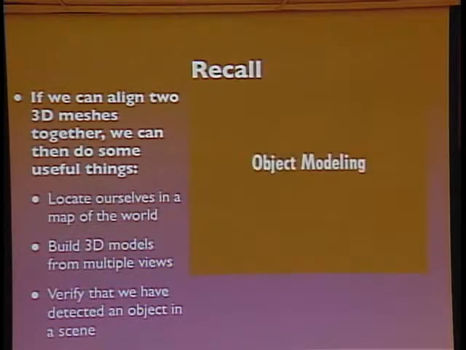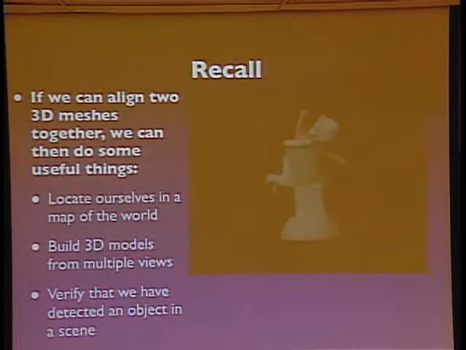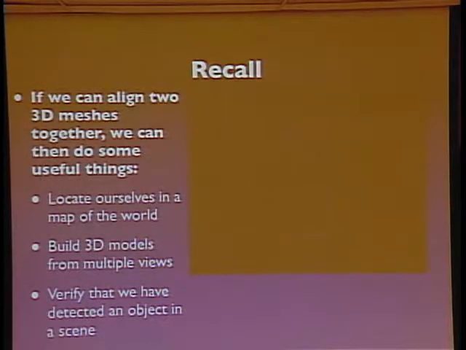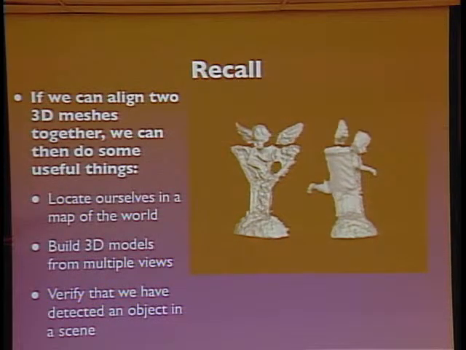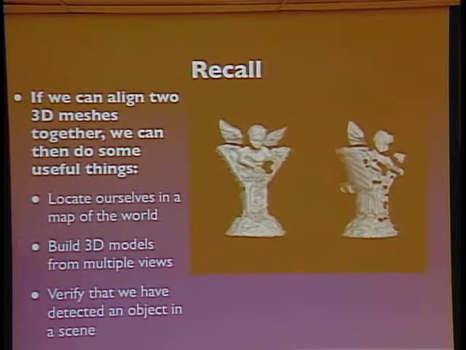If you recall, I told you a couple of days ago that if you can align 3D meshes together, you can do some useful things, like locate yourselves in a map of the world, especially in a world where there's no GPS. You can take multiple scans of the same object, like this one, and align them together to build 3D models from multiple views.